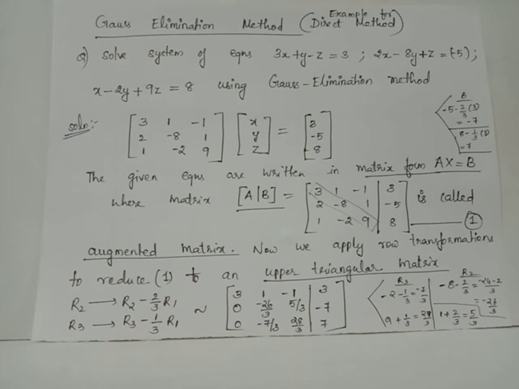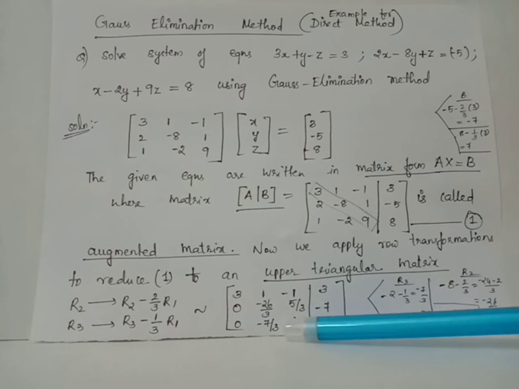In the next step, we will use a transformation such that this value can be changed to 0. If we apply the row transformation R3 changes to R3 minus 7 by 26 times R2, this entry changes to minus 7 by 3 minus 7 by 26 times minus 26 by 3, which makes this entry 0.